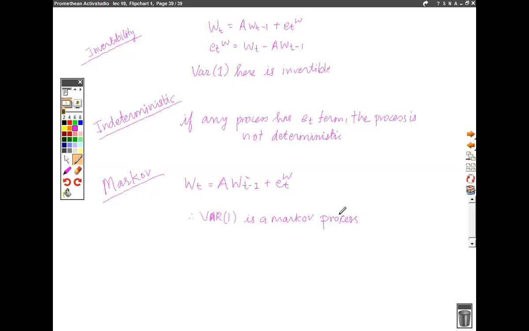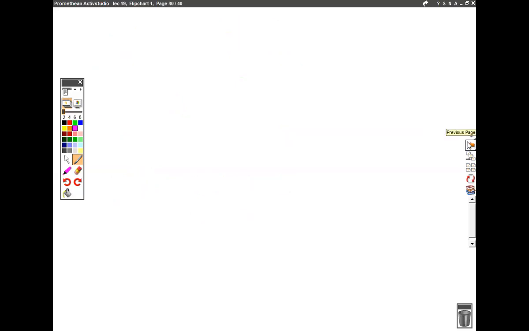Good. So now if I look at any other process, can I say that it will be a Markov process? So when I say any other process, let me just try to write it down. What time is it? Okay, we still have nice time.